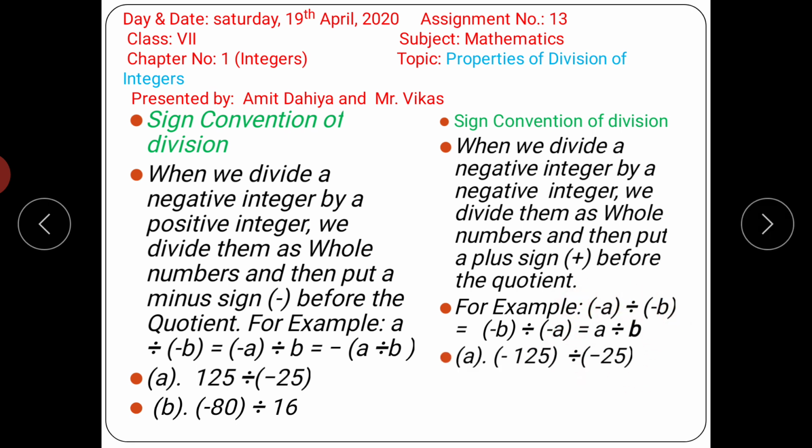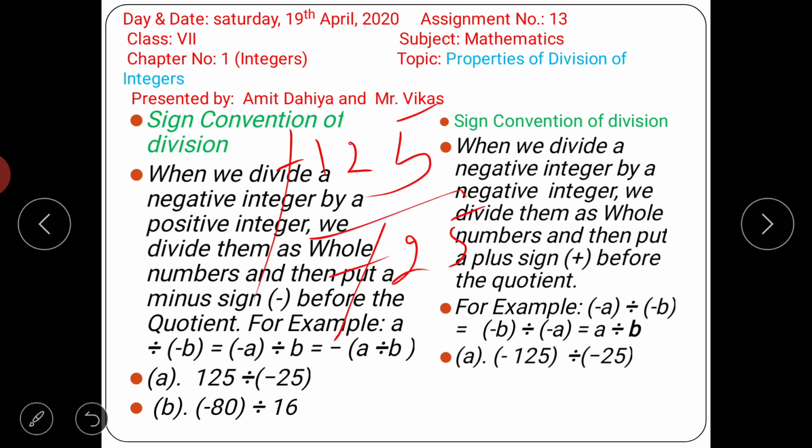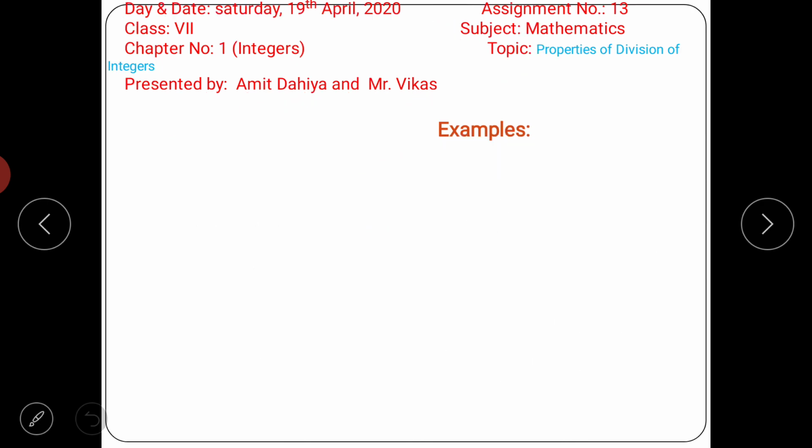For example, minus 125 divided by minus 25: the minus cancels out with the minus, and 25 fives are 125, so the result is 5. The second, minus 80 divided by minus 16: the minus cancels out with the minus, and 16 fives are 80, so 5 is the answer.